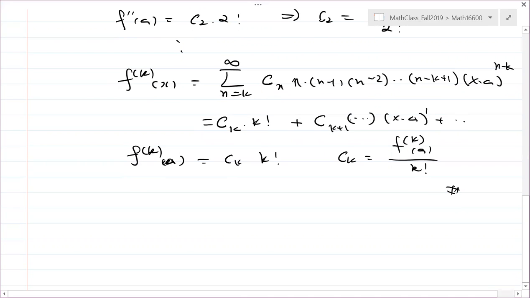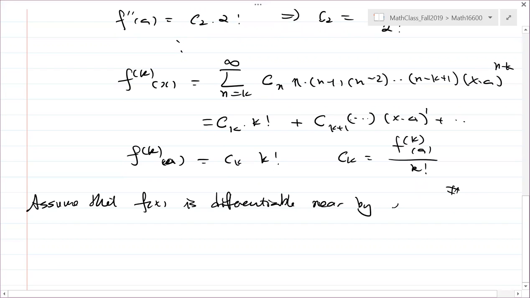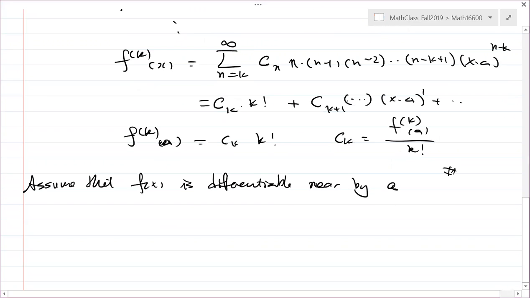So here's the logic. Assume that f of x is differentiable as many times as you want nearby a number a.